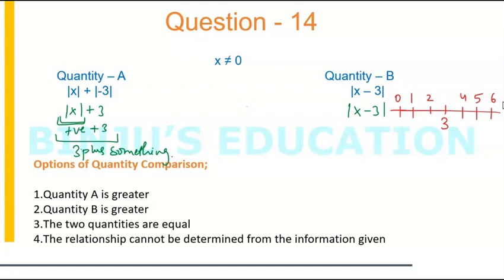But we know one thing for sure, that mod of x minus 3 is 0 or more. When x is equal to 3, then mod of x minus 3 will be 0. But if x is anything apart from 3, then it will be more than 0.